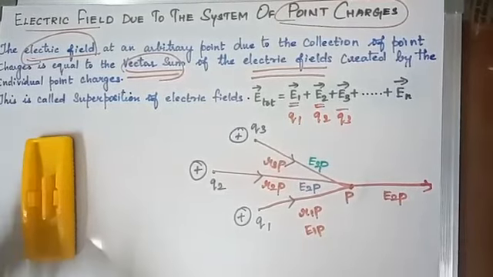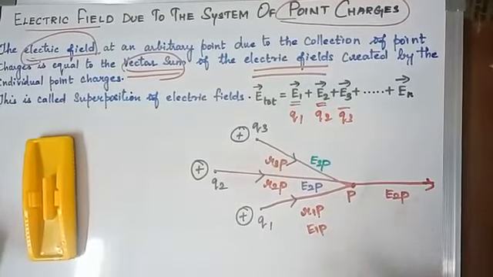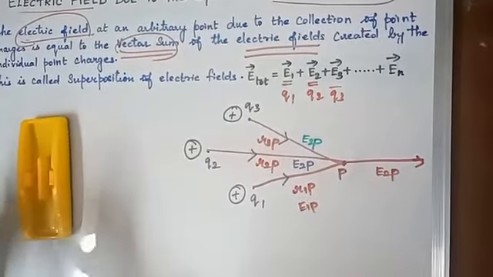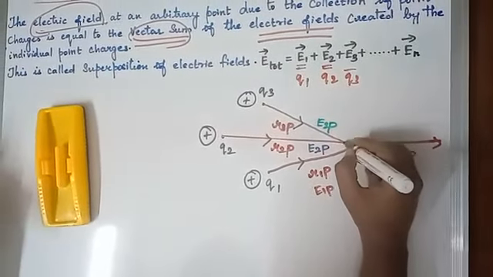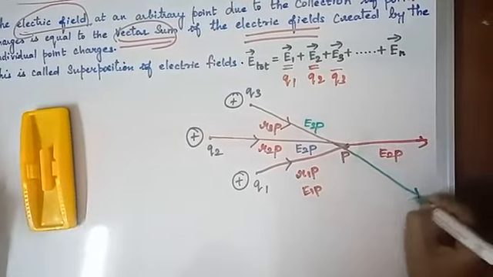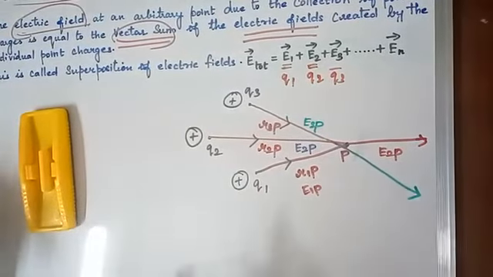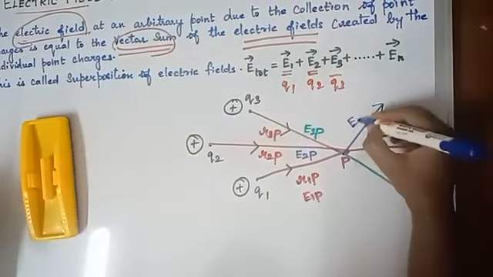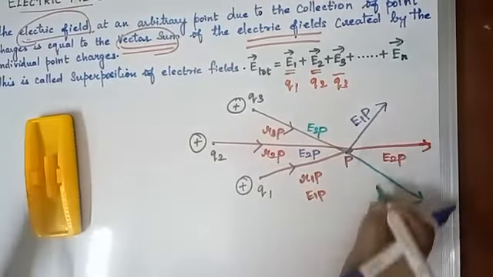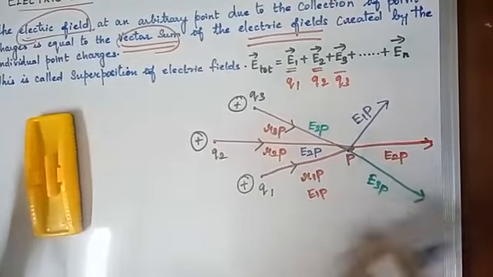Here I have extended the line of E2P. Likewise, I am going to extend the line of E3P on this side, and the line of E1P here. So this is E1P and this is E3P.